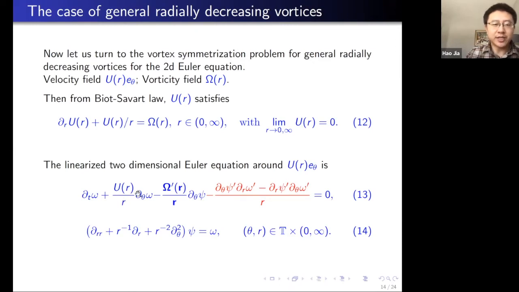So basically, in comparison with the point vortex case, we have two additional difficulties. One is that the linearized problem has this non-local term. As we shall see, this non-local term cannot be treated perturbatively. And also, we have to analyze the behavior near the center, where there's a very serious degeneracy.